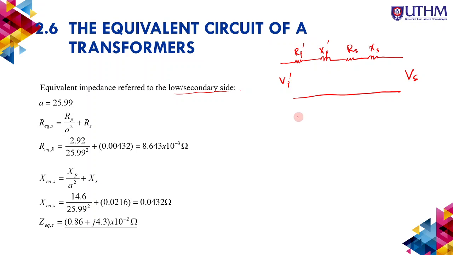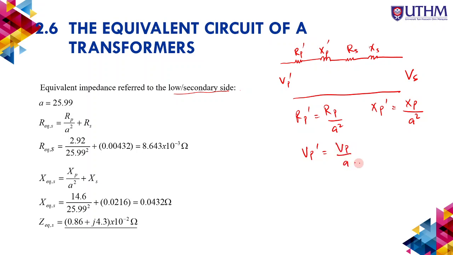So Rp prime is equal to Rp over A square, and then Xp prime equals Xp over A square, and then Vp prime is equivalent to Vp over A.